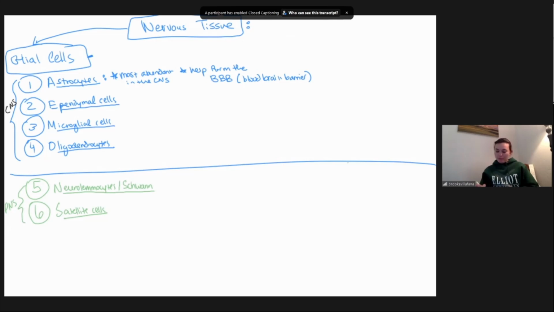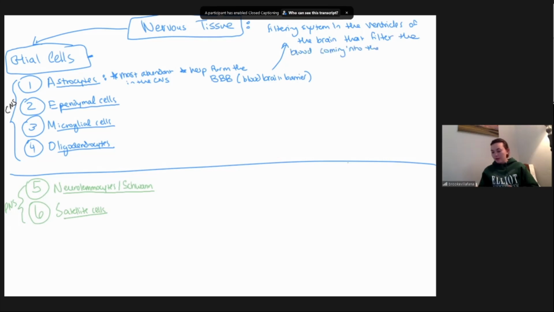So the blood-brain barrier is basically a filtering system in the ventricles, which we'll learn more about on Monday, in the ventricles of the brain that filter the blood coming into the brain.